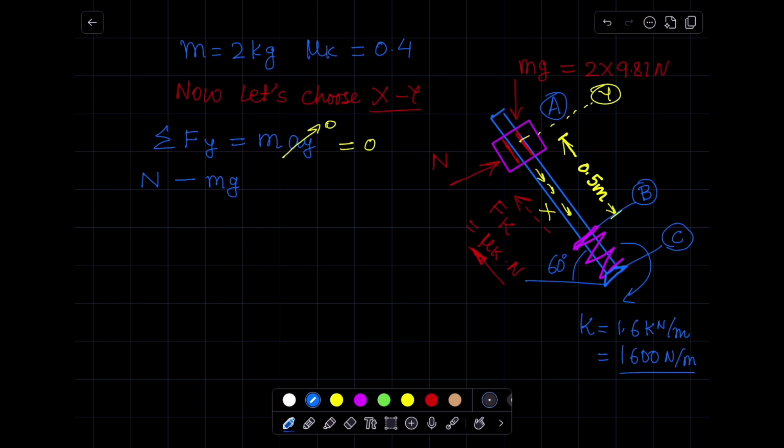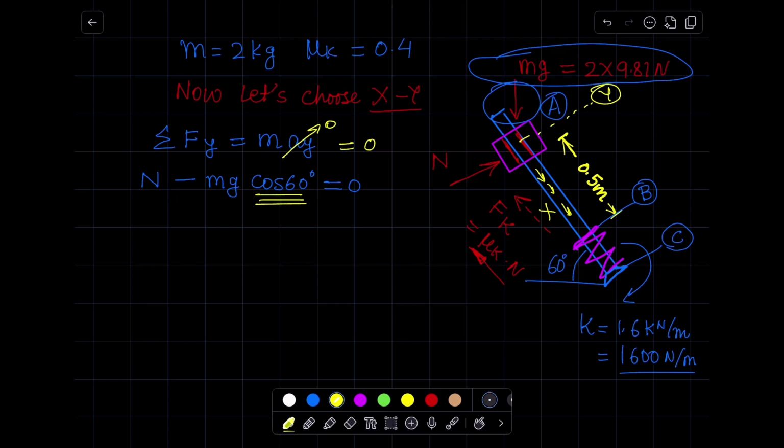Now let's see what forces are available in the y direction. You can see there is N very clearly in the positive direction, and there is a component of mg in the negative y direction. So it is N minus mg cos theta equals 0.